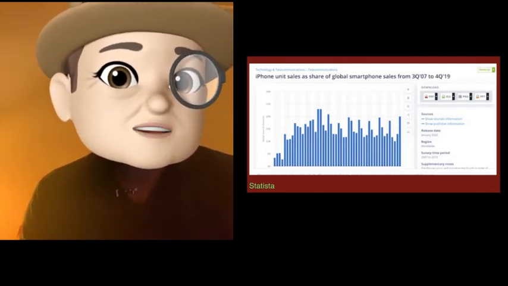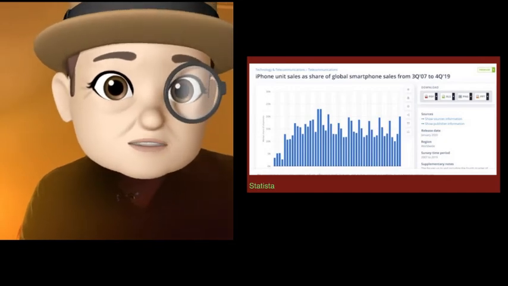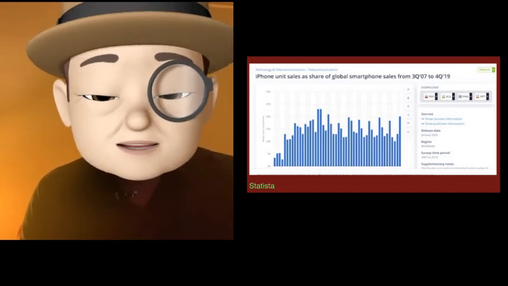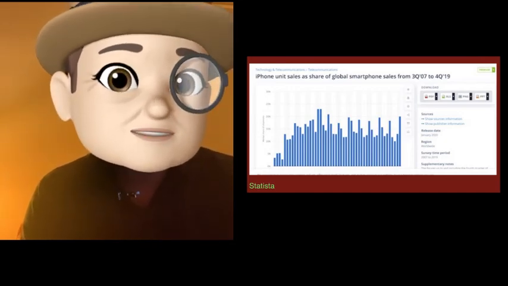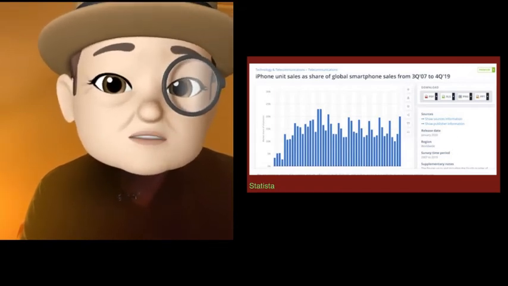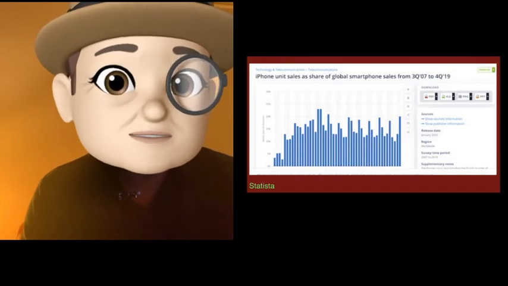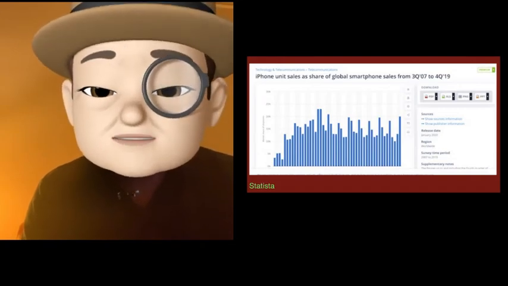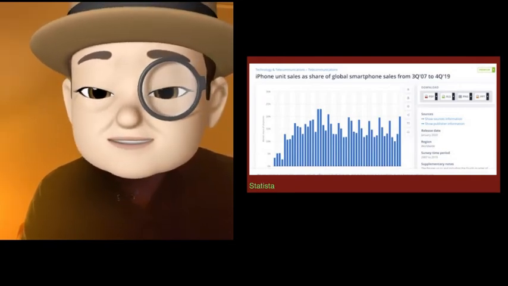The world is kind of integrated economically, and in smartphone sales, Apple is every year no more than 23%. In some quarters it's down below 15 or 12%. Obviously, the fourth quarter around Christmas time is the big one.